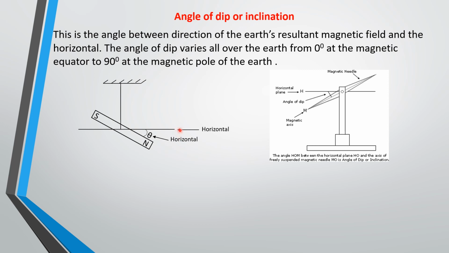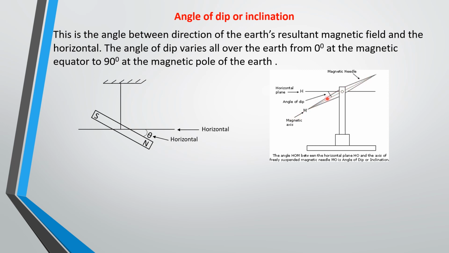So the angle of dip is one of the magnetic elements of a place, and the angle of dip is the angle between the direction of the Earth's resultant magnetic field and the horizontal. So if you look at it, you see this is the horizontal. Then a needle that is placed here will show you the Earth's resultant magnetic field.